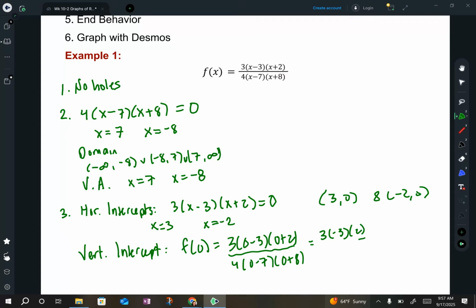Be careful because it's really easy to miss a minus sign here. Then 4, negative 7, and 8. So the numerator is 3 times negative 3, which is negative 9, times 2, which is negative 18. And the denominator is negative 28 times 8, which I don't know off the top of my head, so let me check really quickly. It's negative 224.